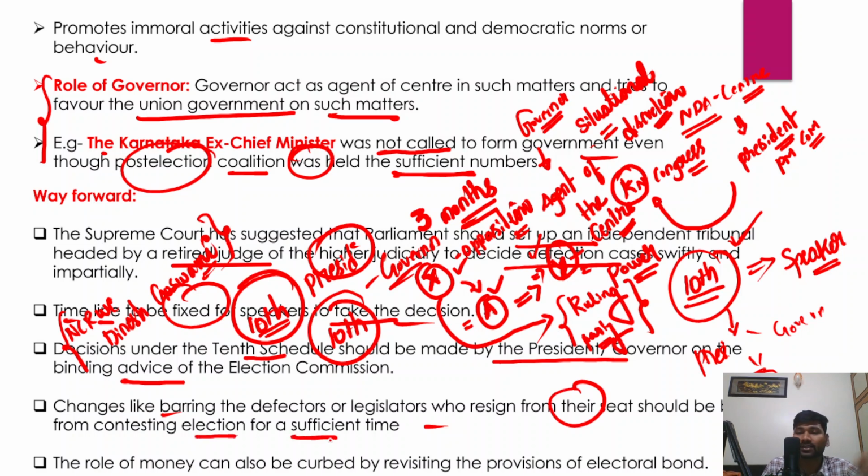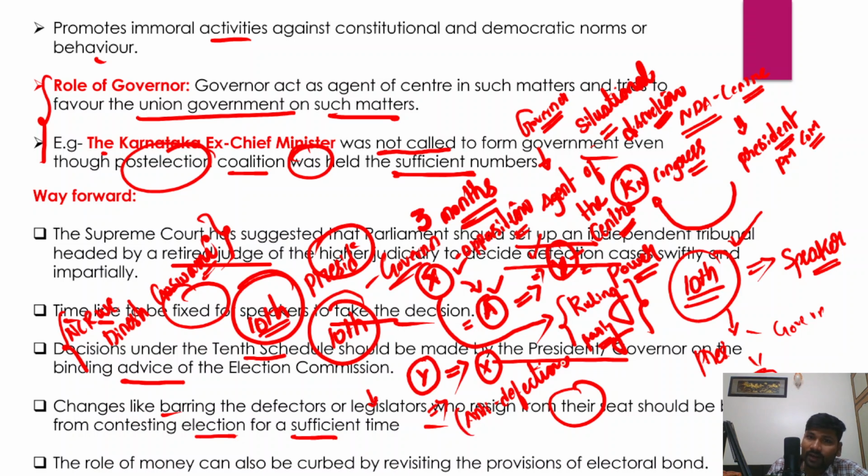For example, imagine that a member from political party Y changed his political party and joined political party X. Now, under anti-defection law, this member will be disqualified. So after disqualification, seat will fall vacant and Election Commission of India again conducts by-elections to the vacant seat.